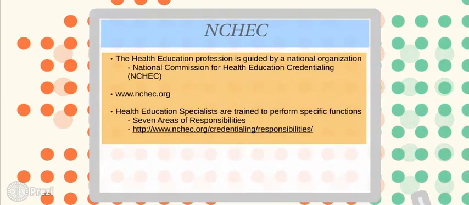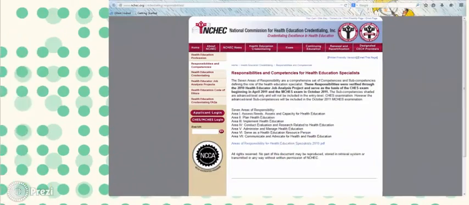First off is the governing body, NCHEC, which oversees the health education profession. And with that, there is what's called the Certified Health Education Specialist, the CHES, which is an exam that you take. Within that, there are 7 areas of responsibilities that you will follow, that we will cover throughout our program.